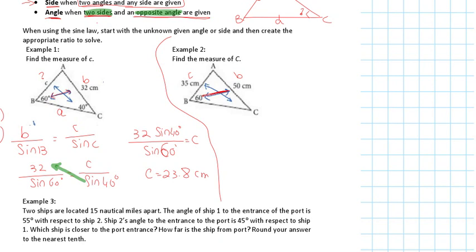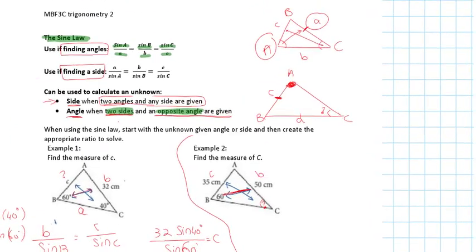Because I'm looking for an angle, what formula do I use? Sine A over A. I have to use this formula. Now, which ratios do I use? B and C, right?